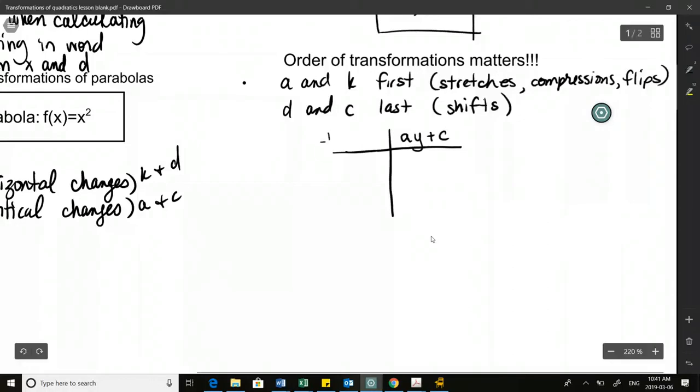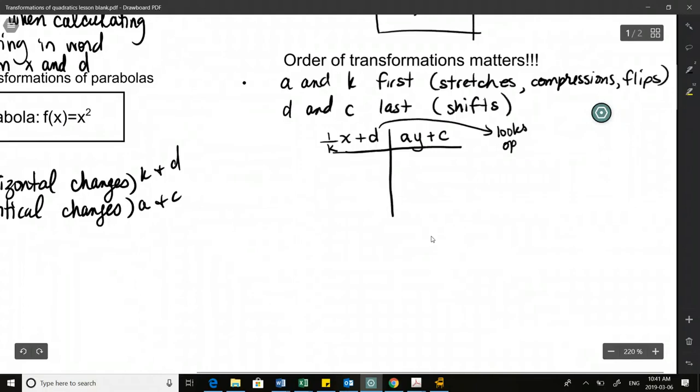So what we do is use the reciprocal of k and multiply that by x. Whatever the k value is as it appears in the equation, we do the reciprocal, and then we add the d, keeping in mind that the d value is opposite of how it looks in the equation. So this will look different.